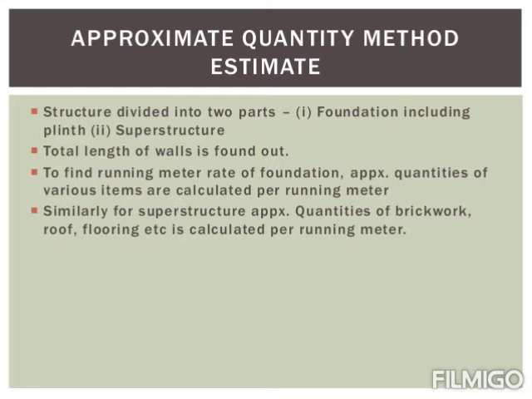Then, to find the running meter rate of foundation, the approximate quantities of various items are calculated per running meter. Similarly, for the superstructure, approximate quantities of the brickwork, the roof, the flooring, etc. are calculated per running meter.